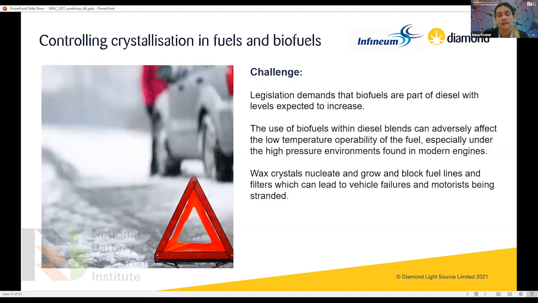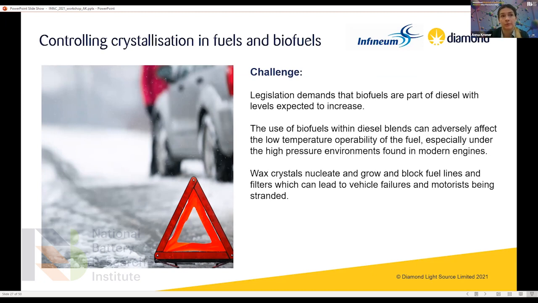The second case study was the work led by Infineum. This is an oil-based company, and they are looking into the development of fuel additives, because fuel additives play quite a critical role in nucleation and crystal growth in biofuel when very cold temperatures are applied.